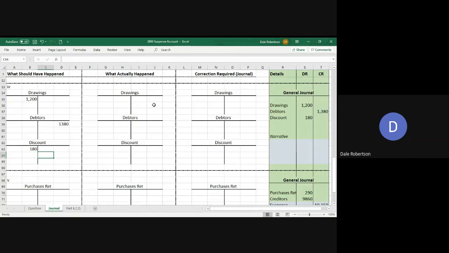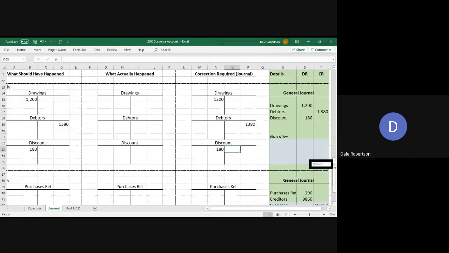What actually happened is nothing, so therefore you just replicate across your 1,200 here, 1,380 here, and 180 in discount, and that is the general journal corrections. And your narrative is correction of the omission of an offset of drawings against debtors in the accounts.